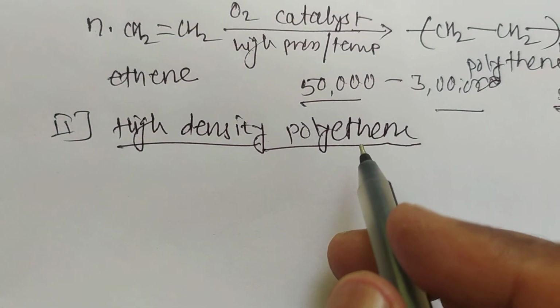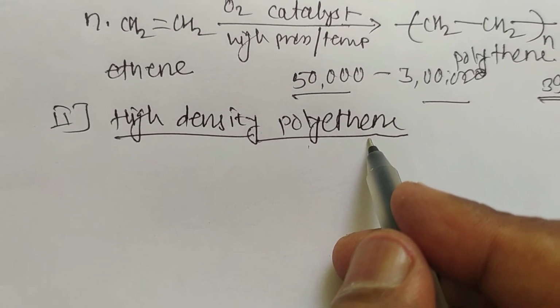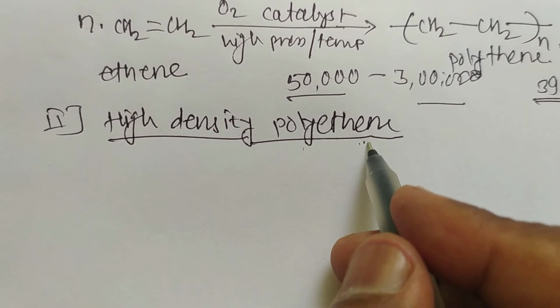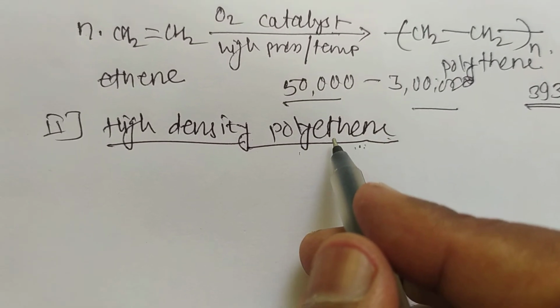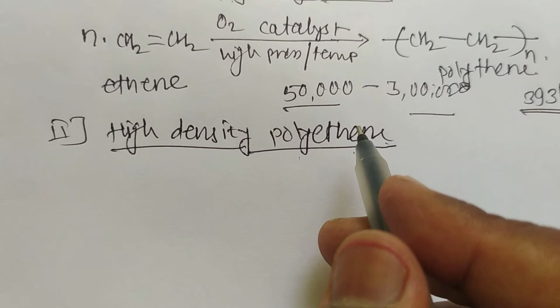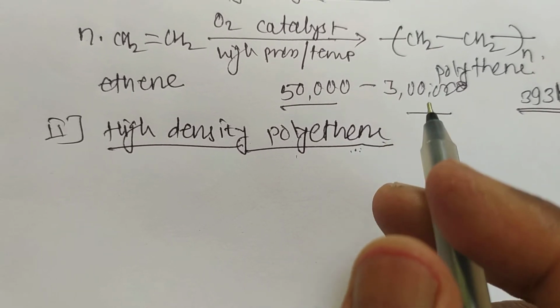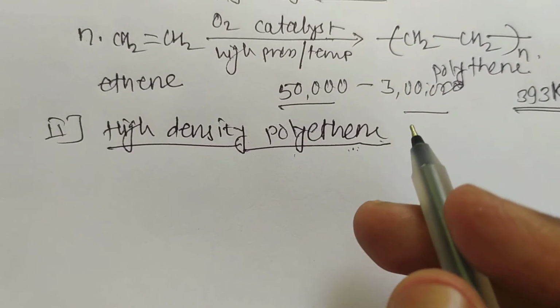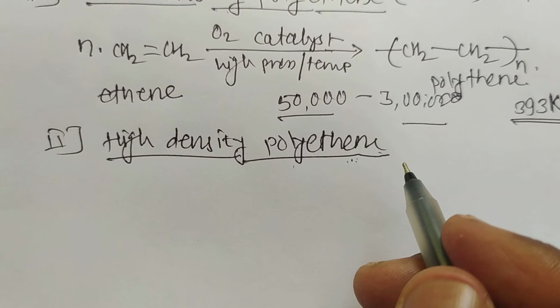It is prepared by the Ziegler process. Here ethene is passed under pressure into an inert solvent containing triethyl aluminum and titanium chloride catalyst. After polymerization, the catalyst is decomposed by adding dilute acid, and the crystalline polymer is filtered off.